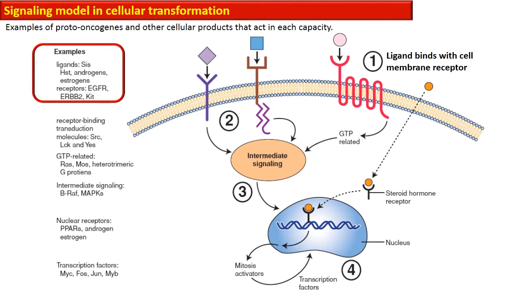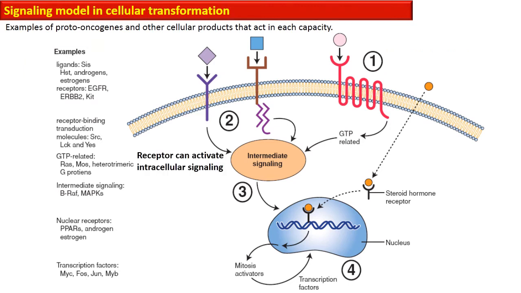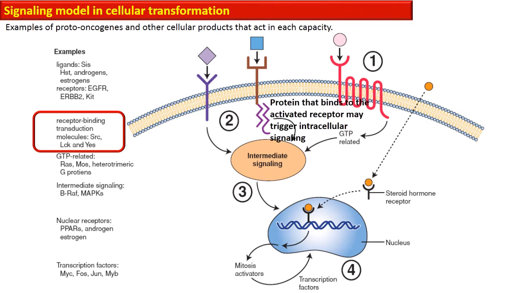When this ligand binds to its specific receptor, the receptor can activate intracellular signaling directly, or a protein binds to the activated receptor, and this activated protein binding couple may then trigger intracellular signaling.